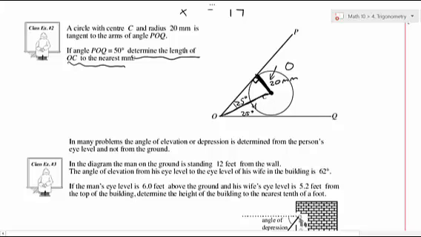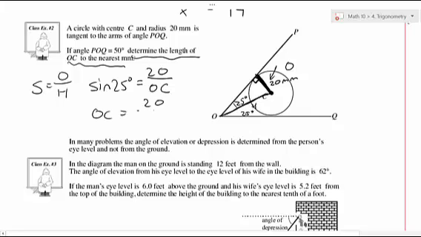So now we have an opposite and we have an angle, and we're trying to find the hypotenuse right here. So we know that sine equals opposite over hypotenuse. All right, well, what is our opposite? Well, it's 20. So the sine of 25 degrees equals 20 over OC. We can switch those around. So OC equals 20 over sine 25 degrees.